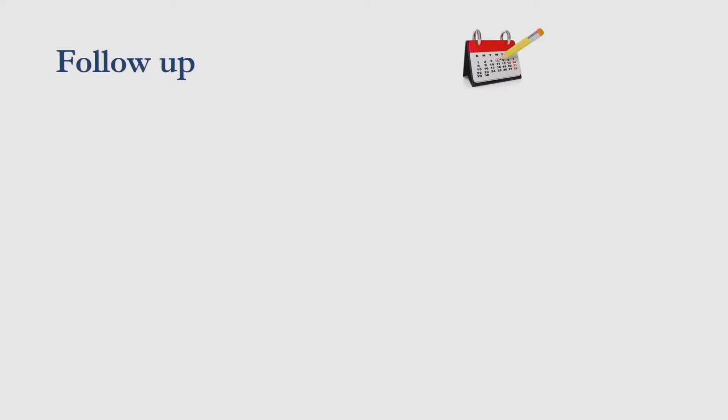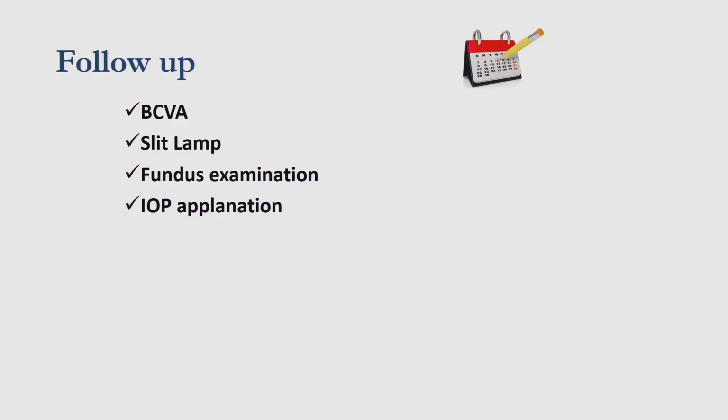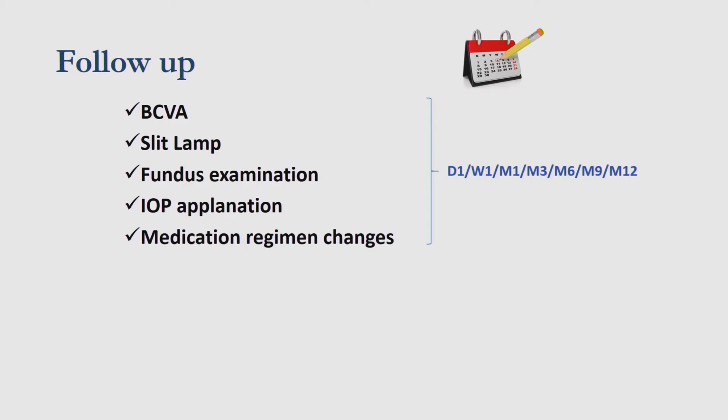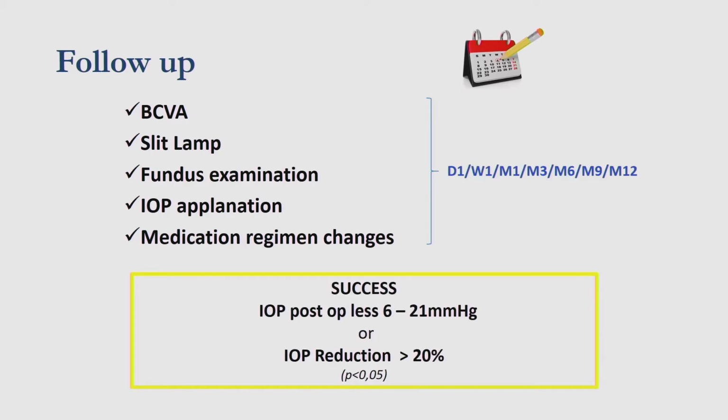Follow-up examinations were at 1 day, 1 week, 1 month, 3 months, 6 months, 9 months, and 12 months. Relative success was defined as an IOP maintained at less than 21 millimeters or an IOP reduction of 20% or more.